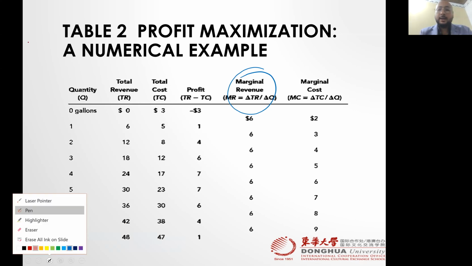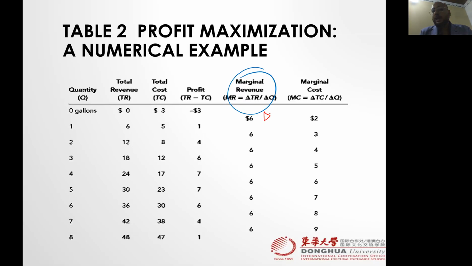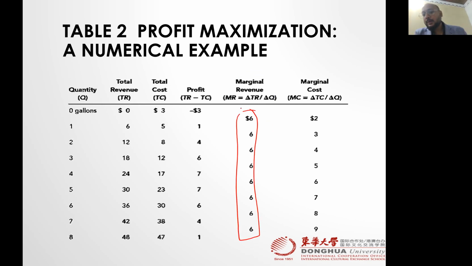Marginal revenue is change in total revenue divided by change in quantity. Since this is a competitive market, price, AR and MR are the same. So it is 6, 6, 6. Price is equal to AR is equal to MR.